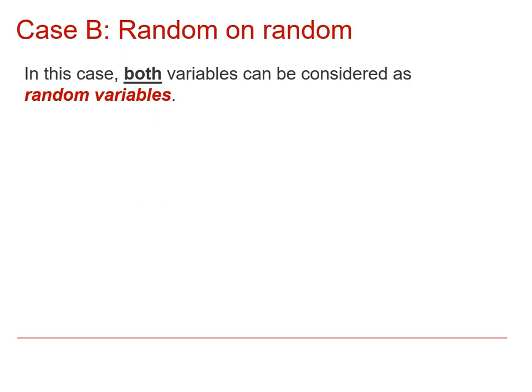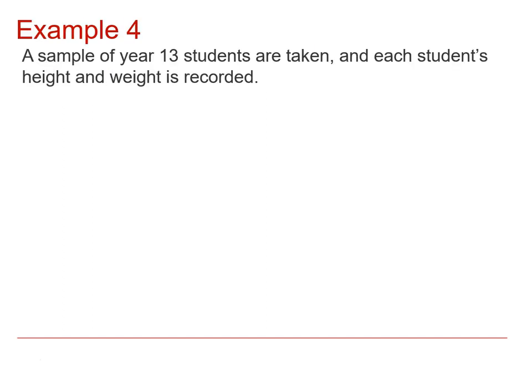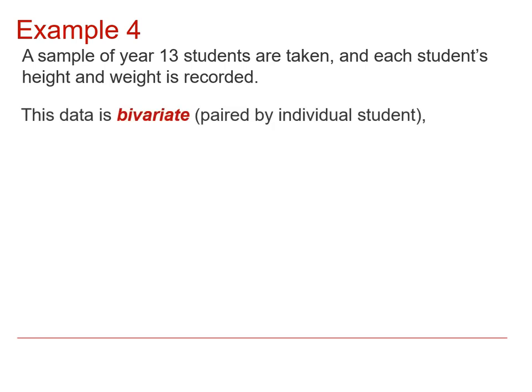The other case is random on random, where both variables can be considered as random variables. So for instance, a sample of Year 13 students are taken, and each student's height and weight is recorded. The data is bivariate, paired by individual student. We're going to be taking each student's height and each student's weight, so it is paired sensibly.